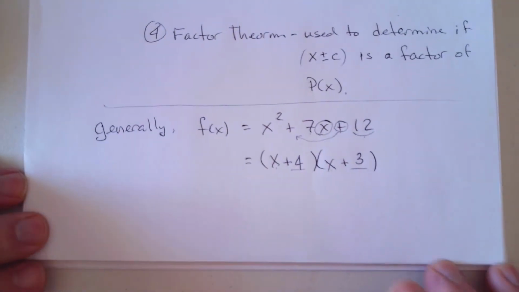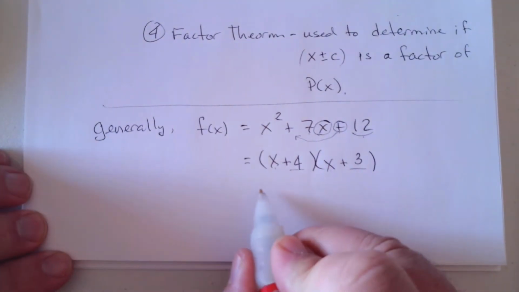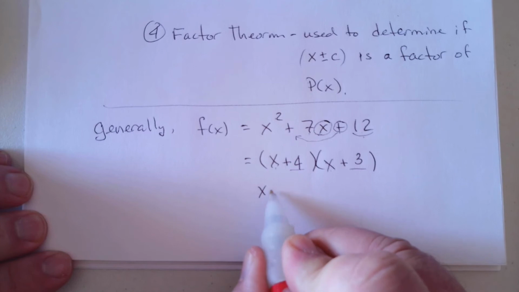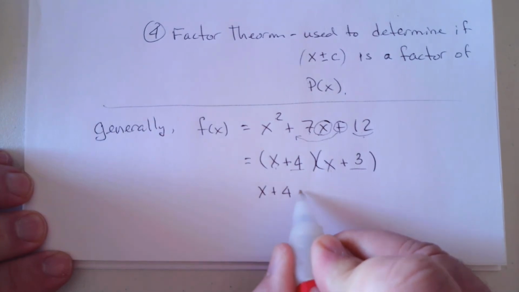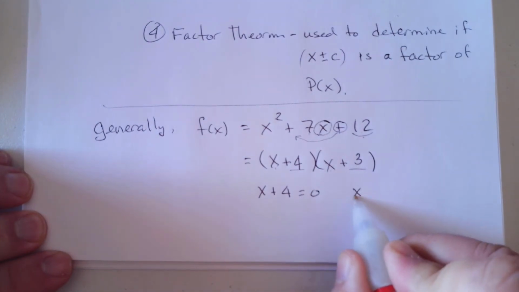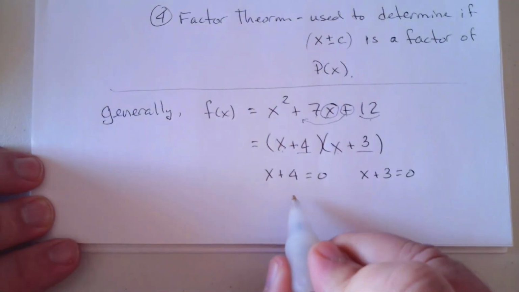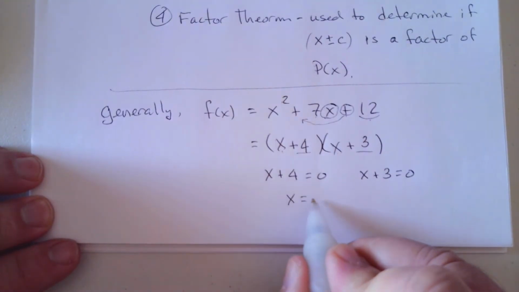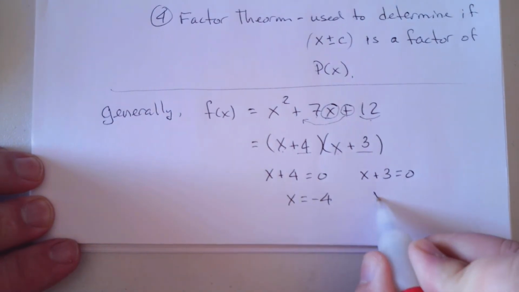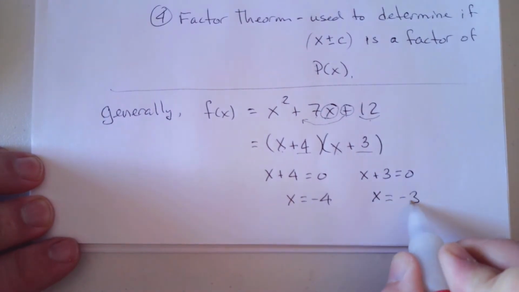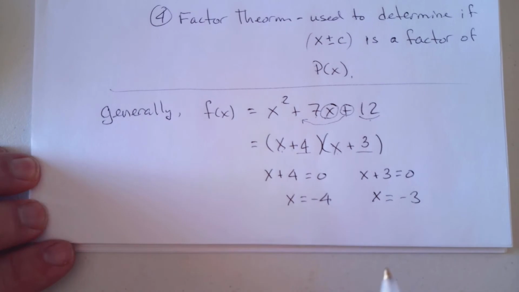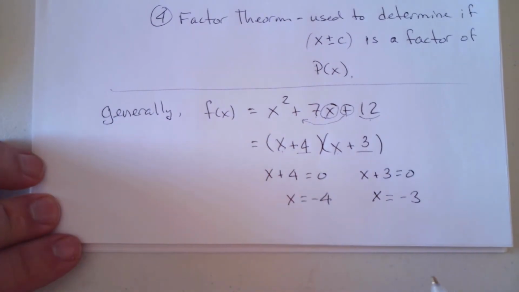Then once you factor this equation, we set them equal to 0. So x is equal to -4 and x is equal to -3. These are our solutions, our x-intercepts.